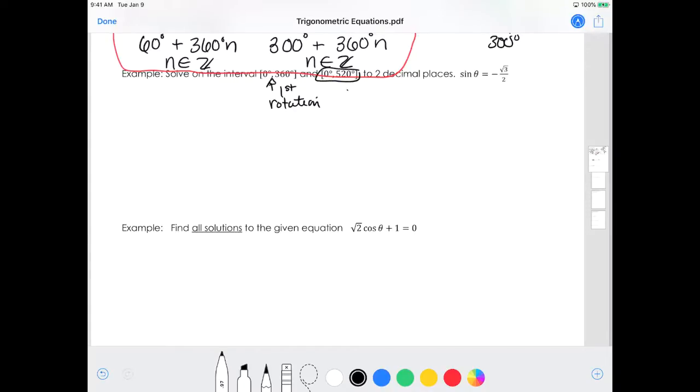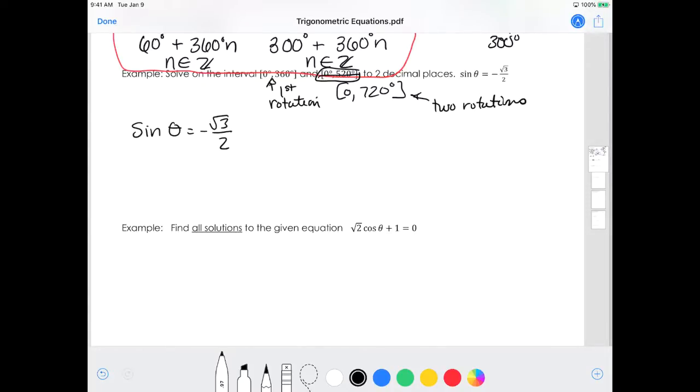I want that to be from 0 to 720 degrees, because I want to do that on the second rotation. Two rotations. So it's 360 and then another 360. That should be 720.